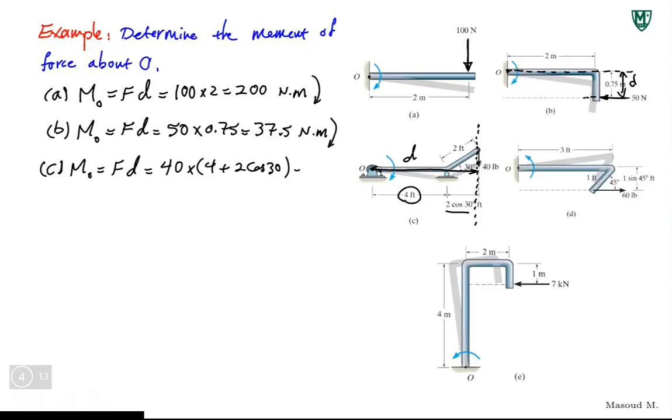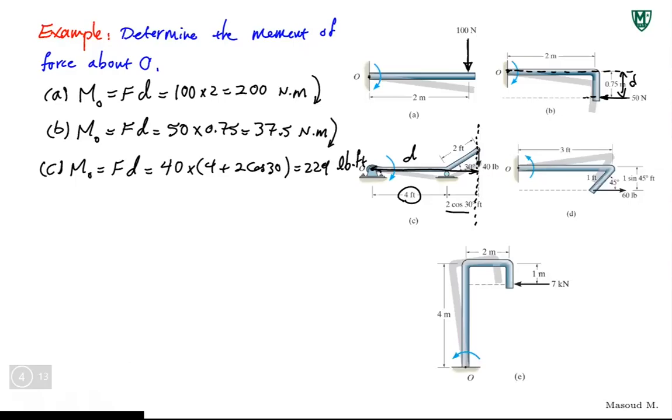If you do this math, you will get, I think, 229. And in this case, we have pound foot. Not SI, it's US customary unit.